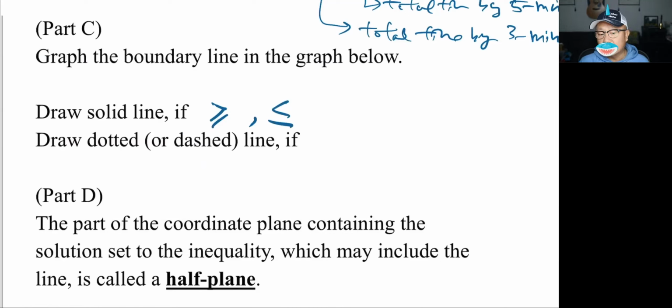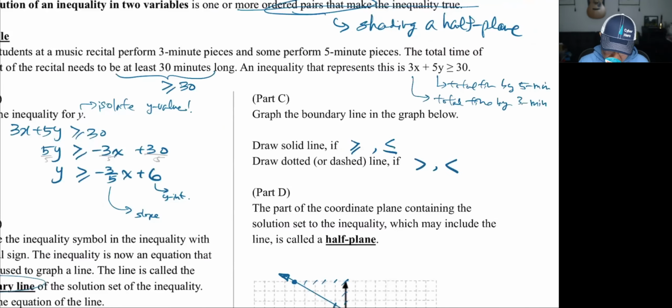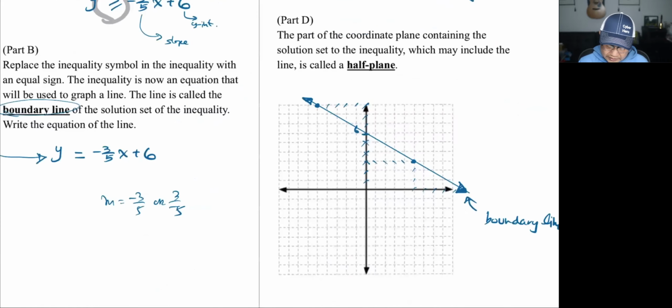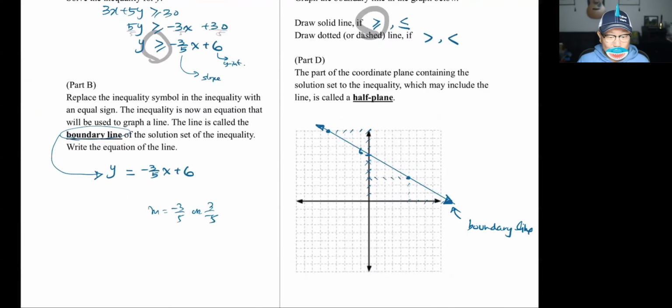You could draw a dotted or dashed line if it's greater than or less than. So which one do we have? Let's take a look. We have greater than or equal to. Because we have greater than or equal to right here, right? We are going to draw a solid line, which I already did, right?